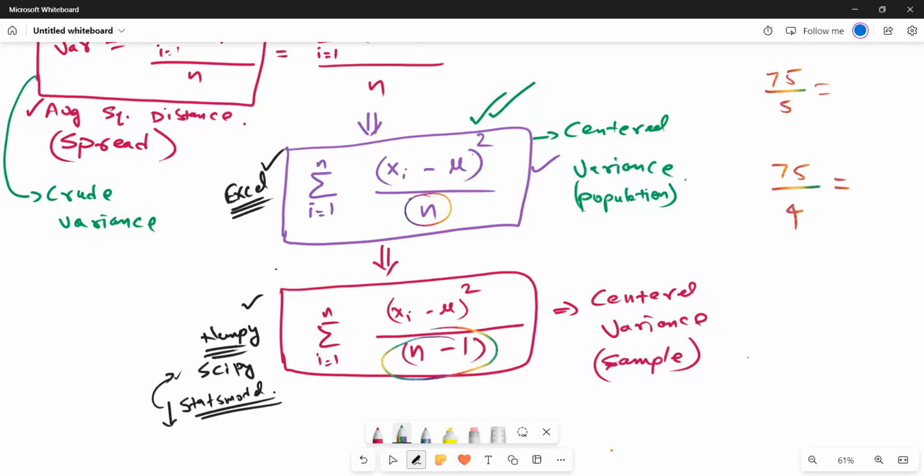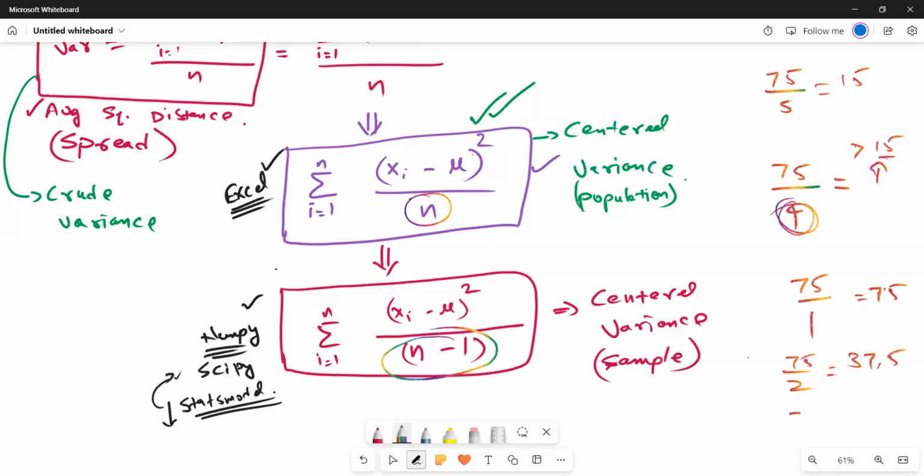If you divide with a smaller denominator, the result will be higher. This will be greater than 15, because here you're getting 15. So this is always greater than 15, because the denominator is less. You can understand it this way. If you divide 75 by 1, this will be 75. If you divide 75 by 2, this will be 37.5.